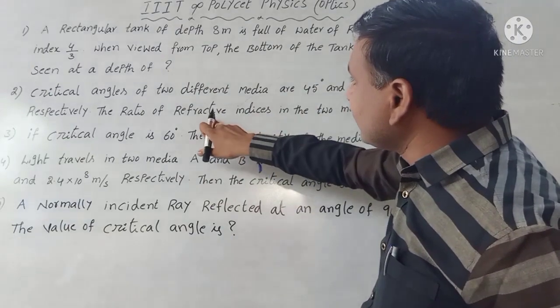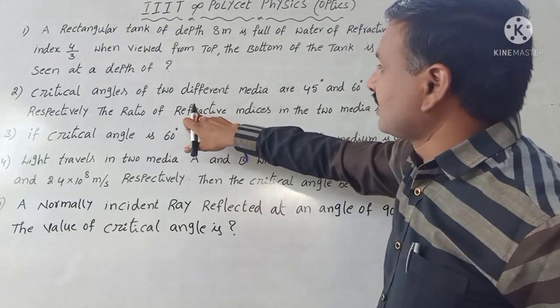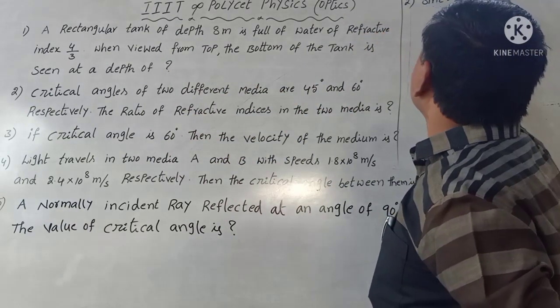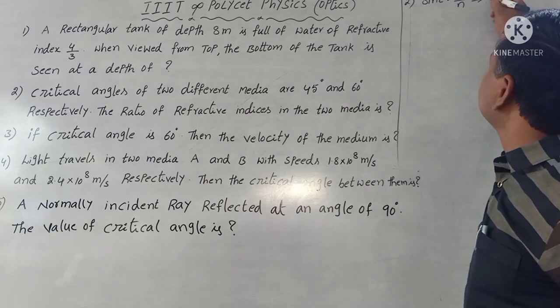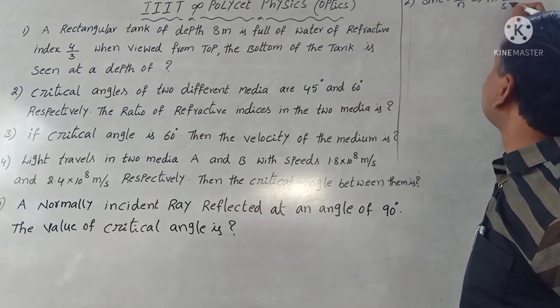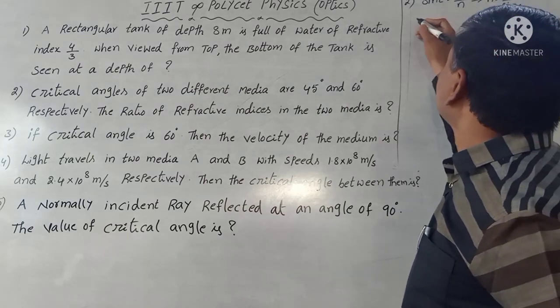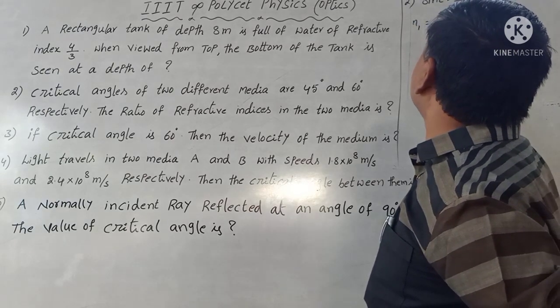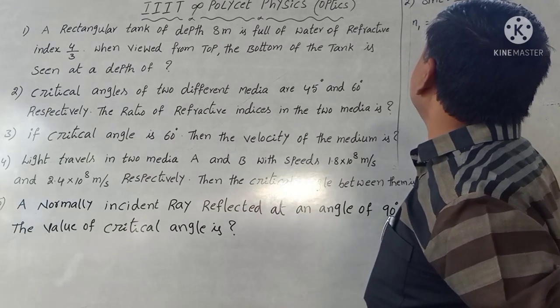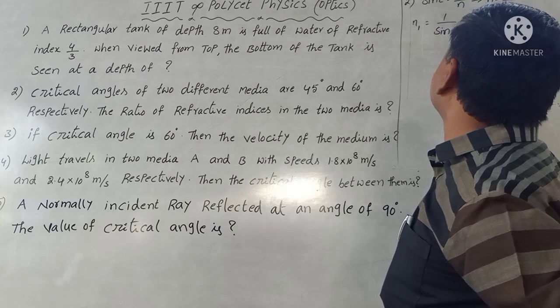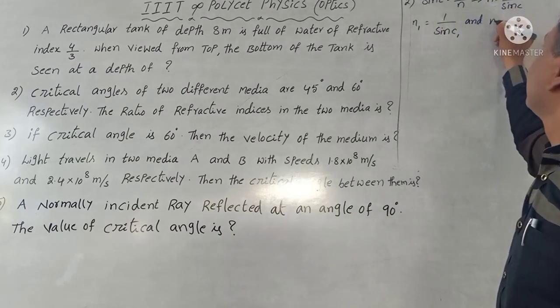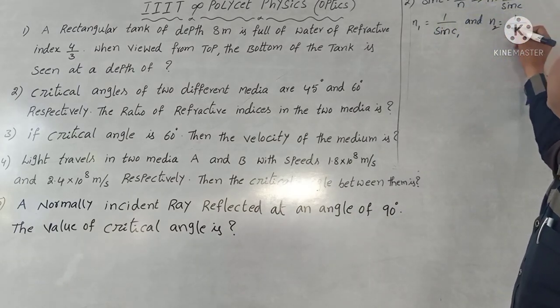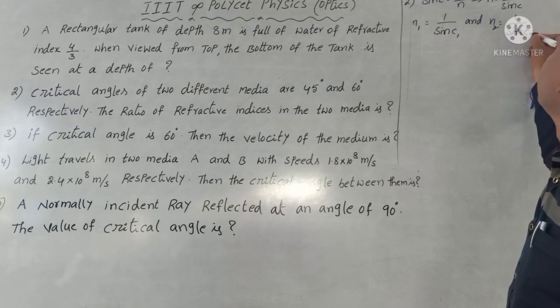Here they are asking the ratio of refractive indices. So we write n is equal to 1 by sin C. So n1 is equal to 1 by sin C1 and n2 is equal to 1 by sin C2.